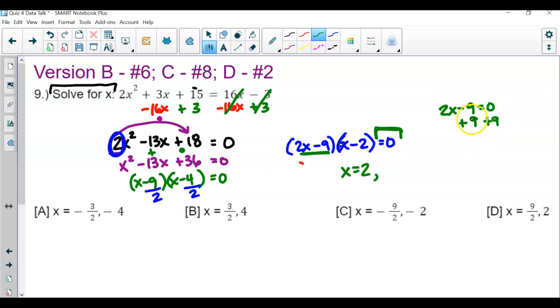Add 9 to both sides. 2x is equal to 9, divide by 2. X is equal to 9 over 2. And also some of you have noticed the pattern that here is your fraction, just change the sign. So not negative 9 over 2, but now positive 9 over 2. So that's why here the answer was D.